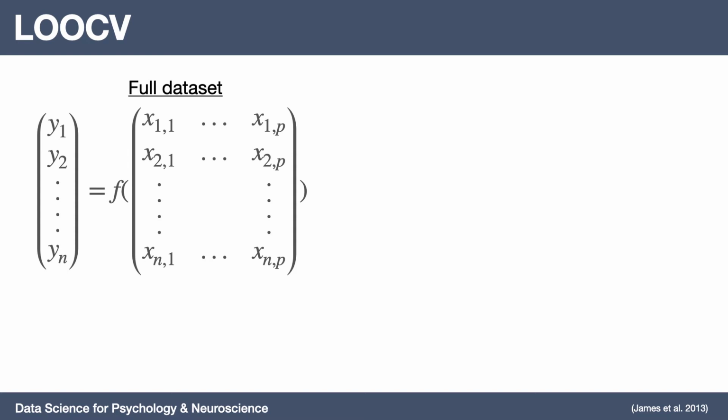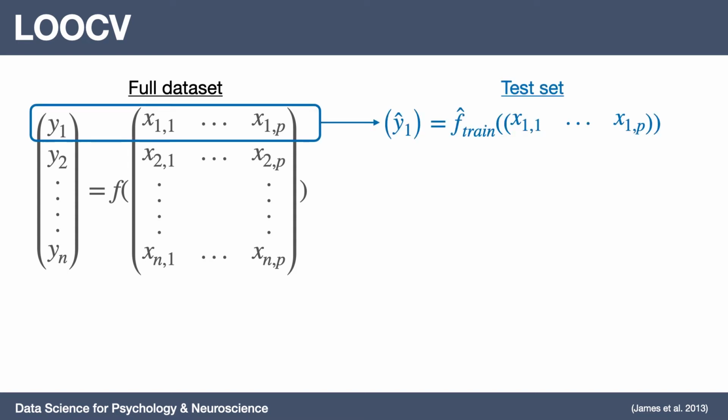So let's just start with the first observation. Observation 1 becomes my test set. My goal is to learn an f-hat train, a model, from the training set, all the other observations, and then evaluate the test error on this observation here.